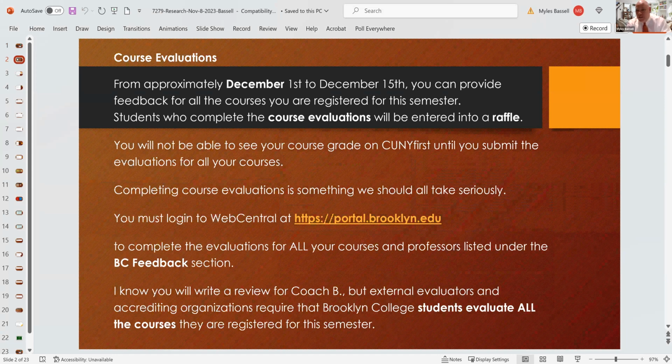Course evaluations. So the college sends out many emails to you asking that you complete course evaluations because it's important. And if they're sending you emails asking you to complete course evaluations, you could believe that they're also sending faculty emails.